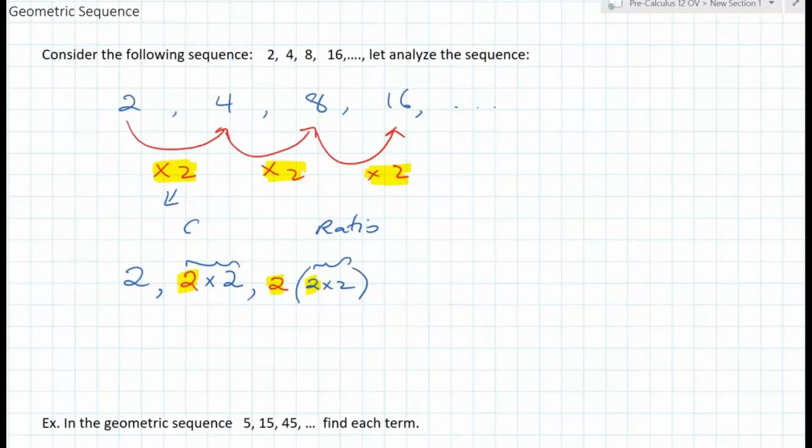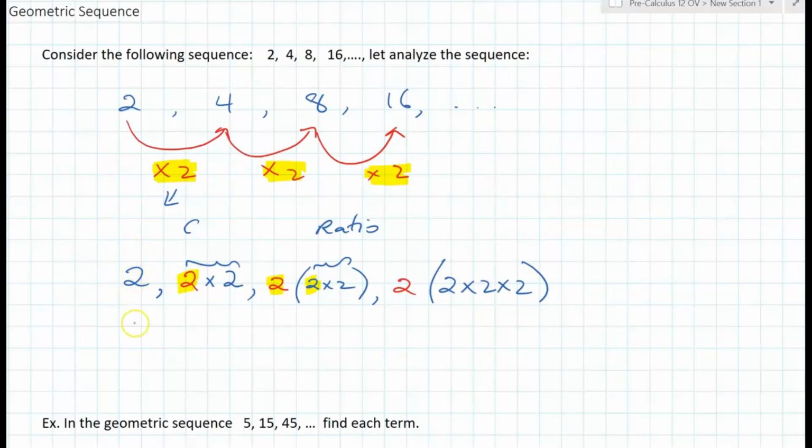Now we can continue doing that, and you notice what you will get. Each succeeding term is being multiplied by the number of the common ratios, but not quite the same number of terms, but one less than that, because the very first term starts on its own.